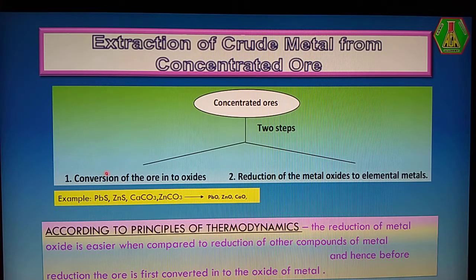Here the first step is conversion of the ore into oxide.